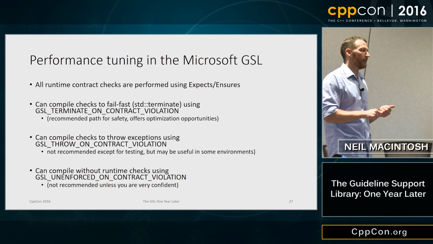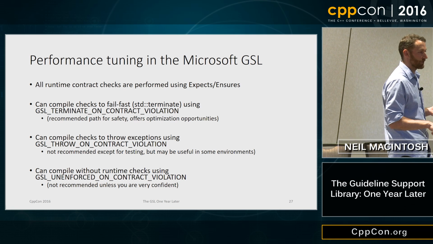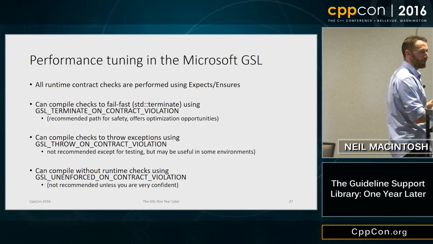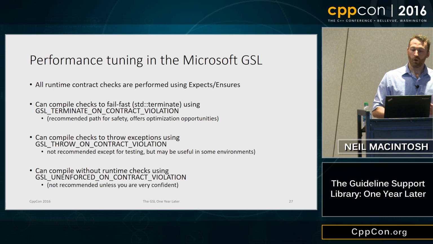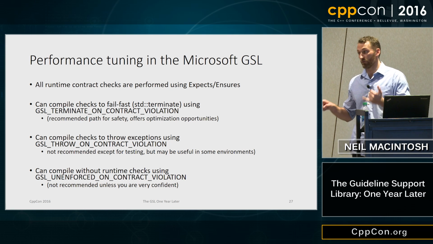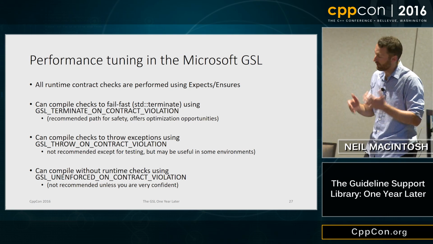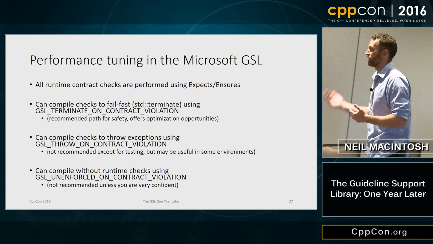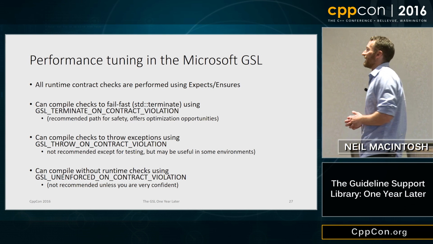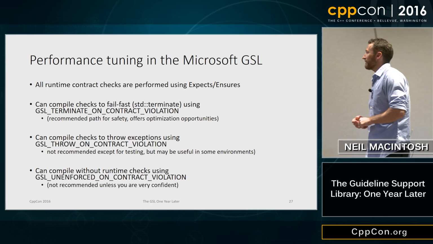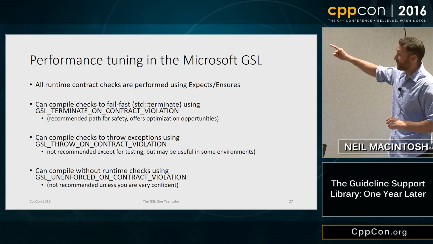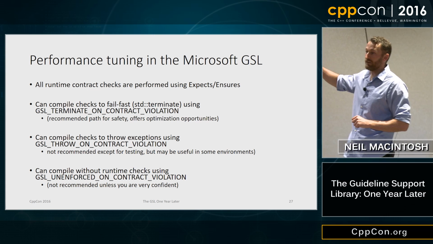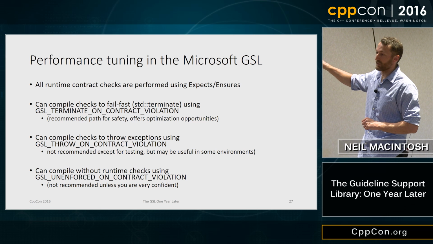You can have them evaluated and turn into an immediate call to terminate if the check fails. You can have them evaluated and throw an exception, or you can have them not evaluated and do nothing and enjoy the world of undefined behavior, which is obviously filled with rainbows, unicorns, beer, you name it, it's got it. I would recommend you choose the first, and that's what we ship in the products where we use the GSL.